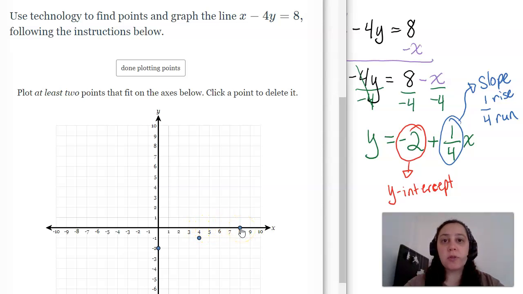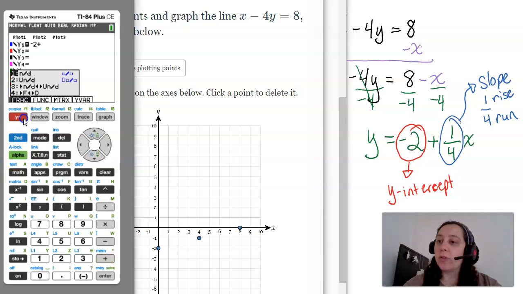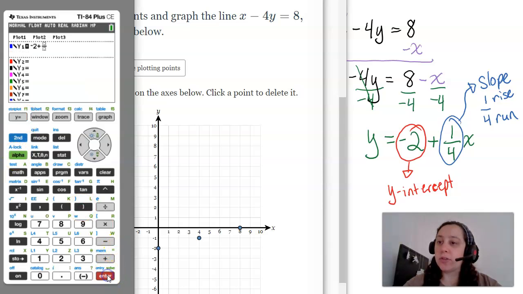And I can also check my work by using the calculator. Press y equals negative, because it's in the beginning, 2 plus, to put in my fraction, alpha y equals enter, 1 down 4, go to the right and put my x.